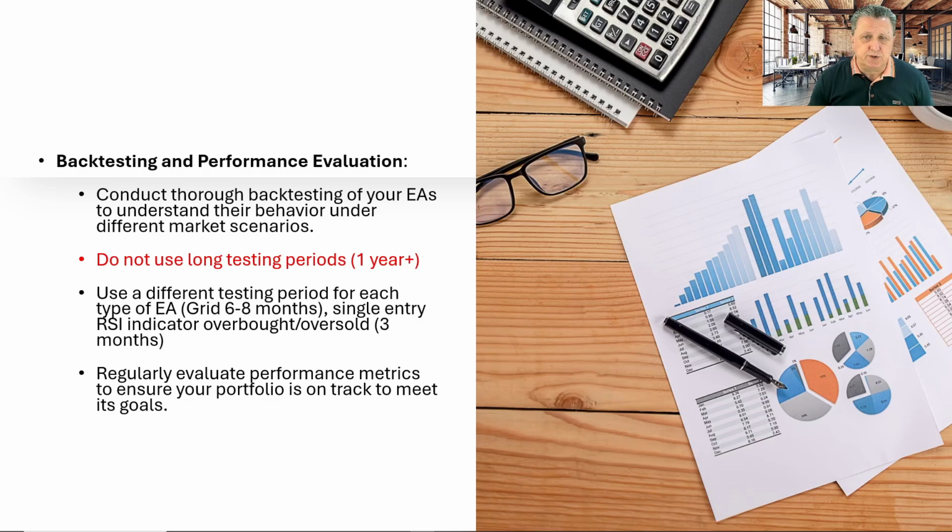Then when you are testing this, I see a lot of different testers basically testing for long periods of time. You also see some of the producers of these EAs showing backtesting of 20 years and how well they're doing. And obviously this is not really something that we believe too much in, because we know the market is very diverse.